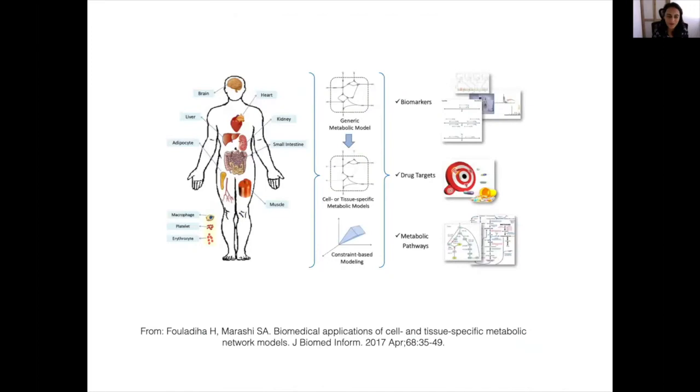Genome-scale models of human metabolism, RECON1 and RECON2, have been used to predict biomarkers of inborn errors of metabolism, to identify drug targets and off-target drug effects, to study cancer metabolism, and to improve understanding of microbial interactions with the host organisms.